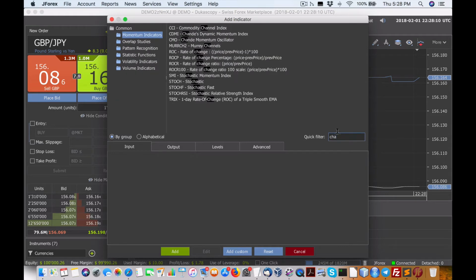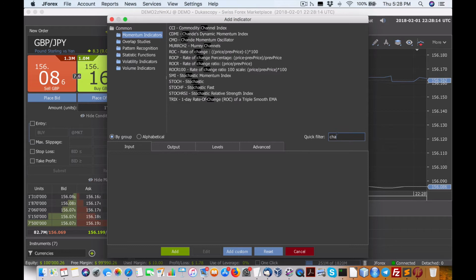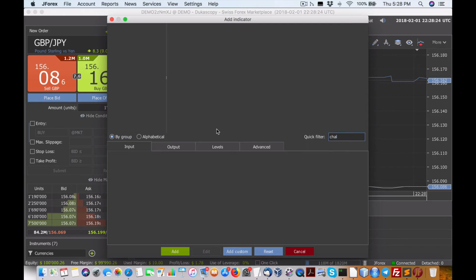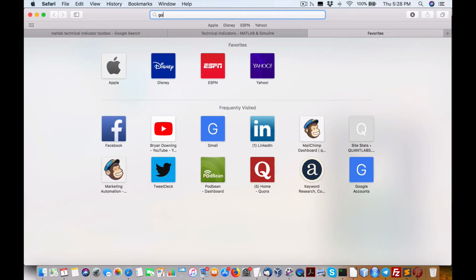Chaikin. I thought I saw Chaikin before. Well, we can verify that with our search on Google.